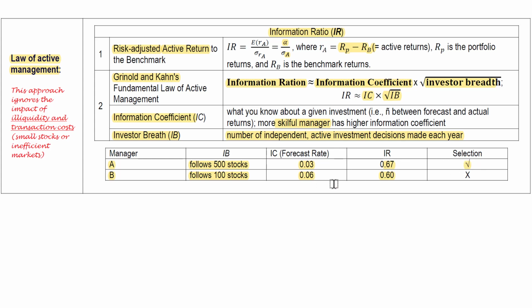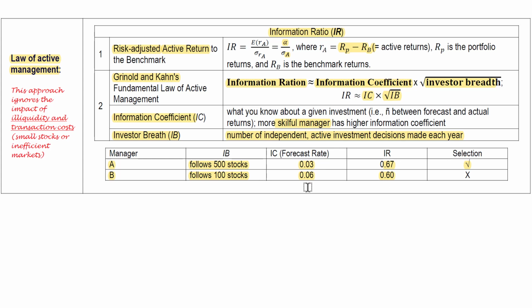So this becomes a selection purpose. It doesn't mean that A actually is more skillful, but A had a higher number of trials. B actually had a higher skill, but had a lower number of trials. So it's a balance between the IB and IC.